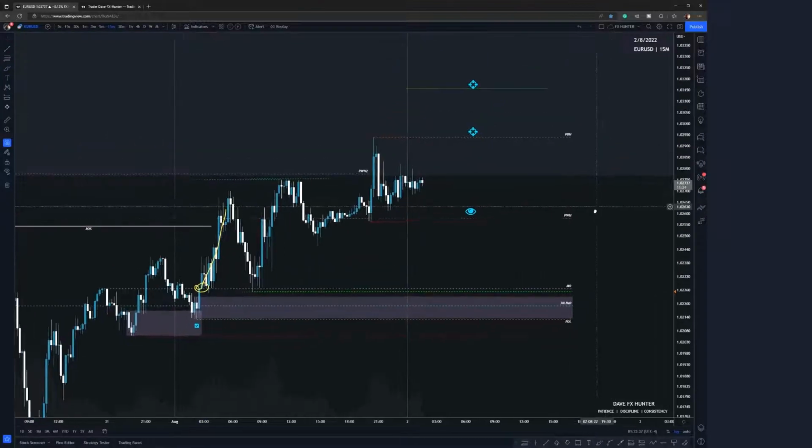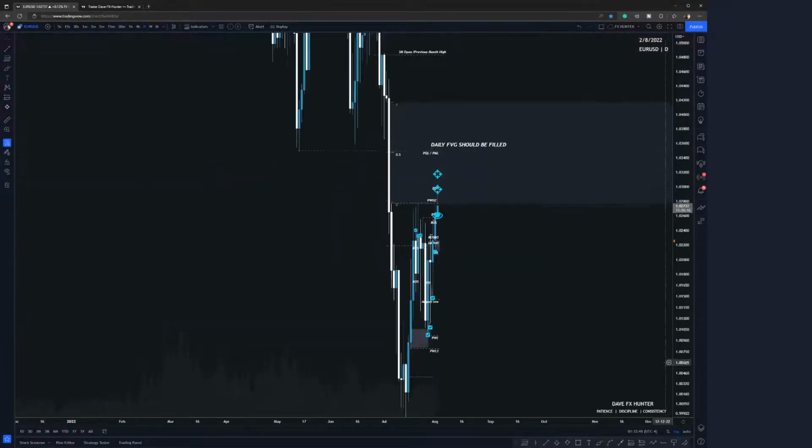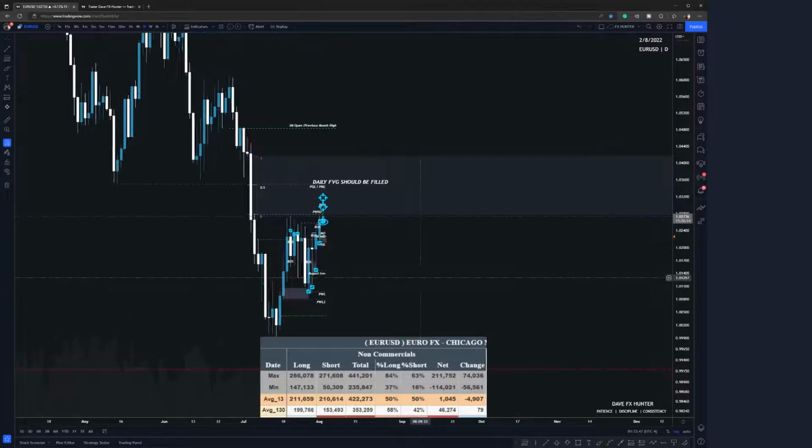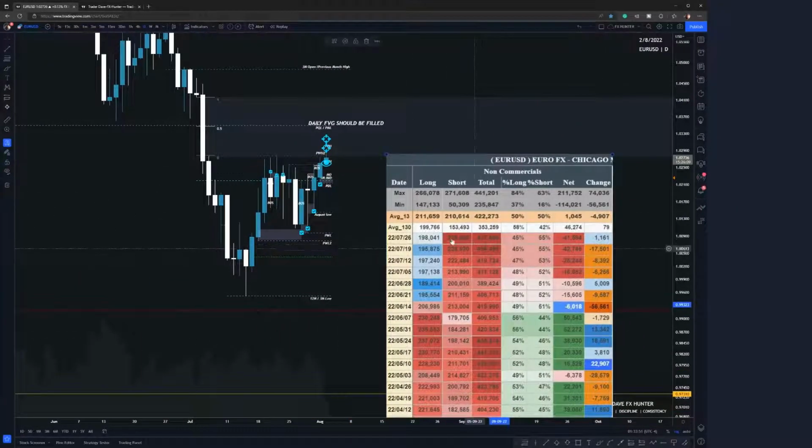So what's happening on the euro? We all agreed yesterday that the euro is bearish, and I will show you why. If we look at the COT data, we can see that the banks still have quite big short positions, while their long positions are almost nothing, so they are 55% exposed to the short side.